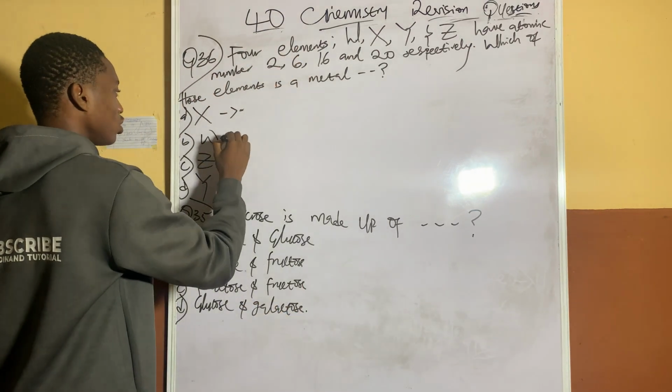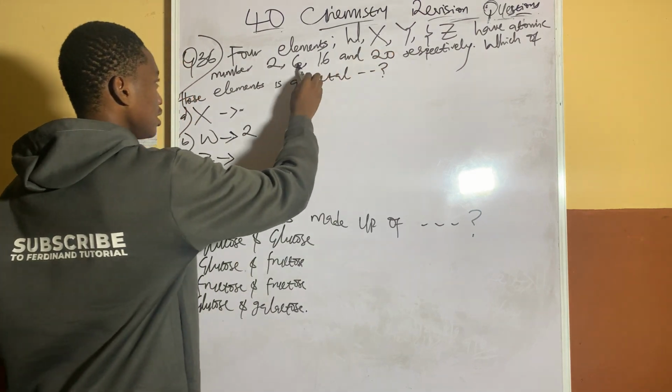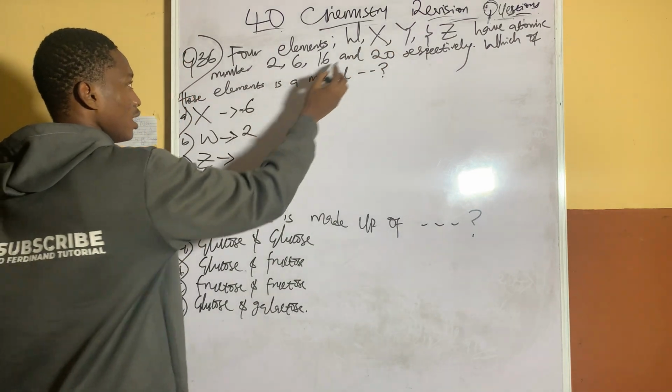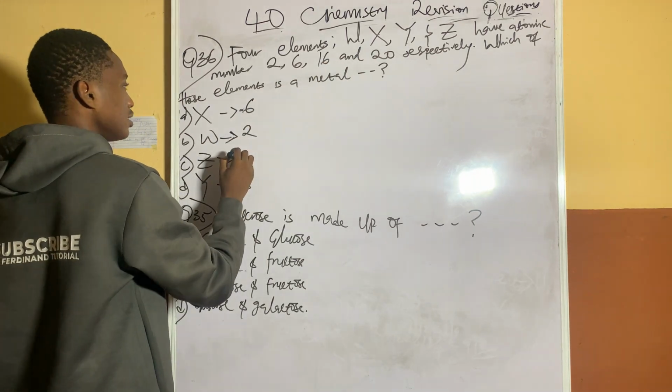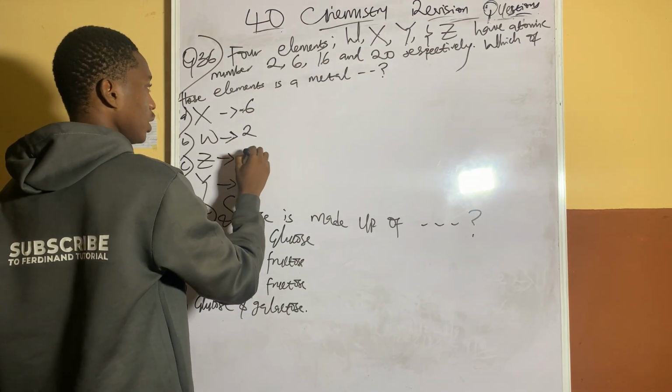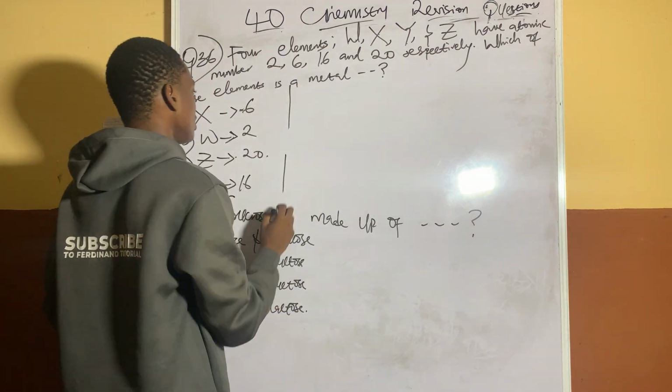So if we come here, let's look at the elements. W is 2. Are we there? X is 6. Y is 16. And Z is what? Z is 20. Now, when we say element 6, let's say X is 6.